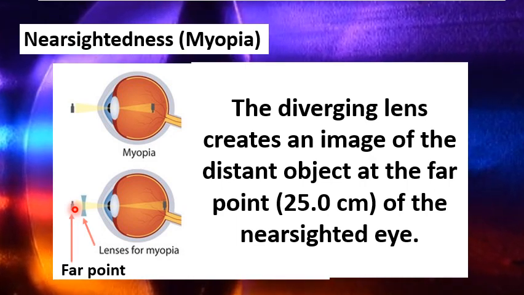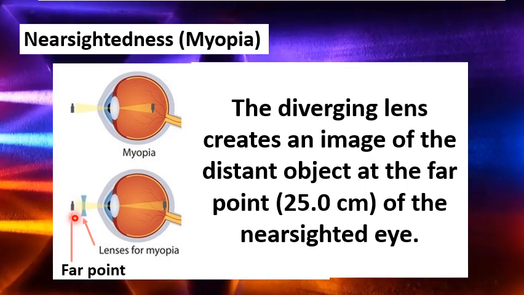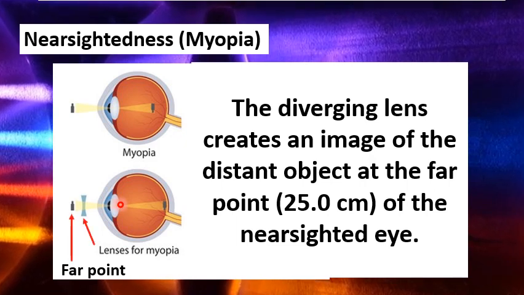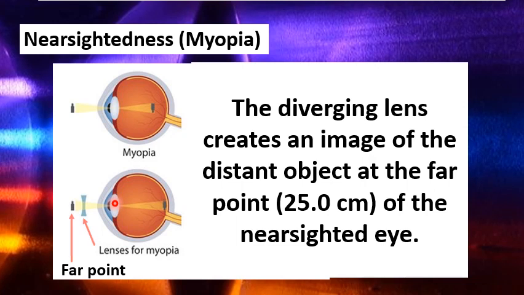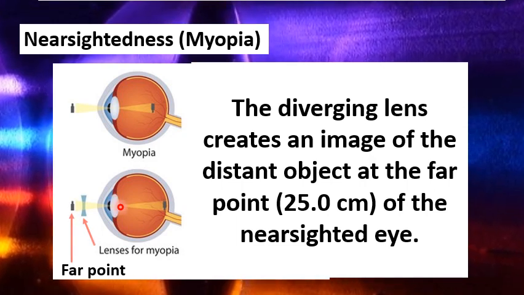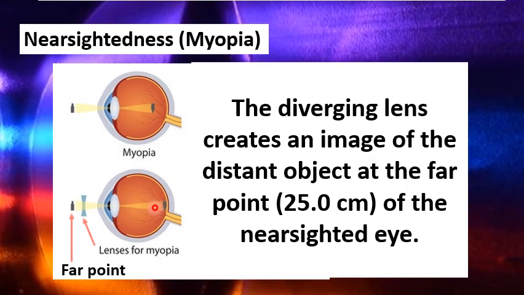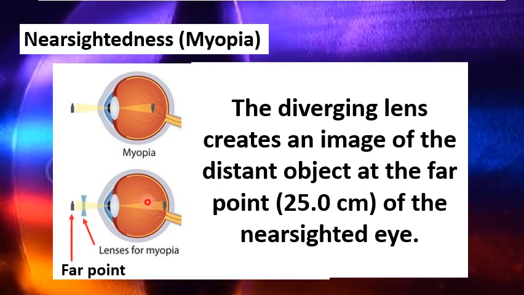This virtual image formed at the far point, when refracted by the eye lens itself, is focused by the eye lens as a real image exactly on the retina.